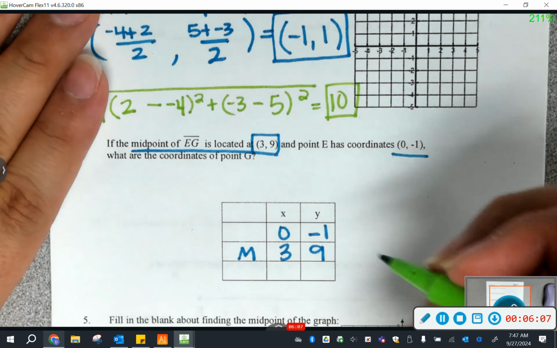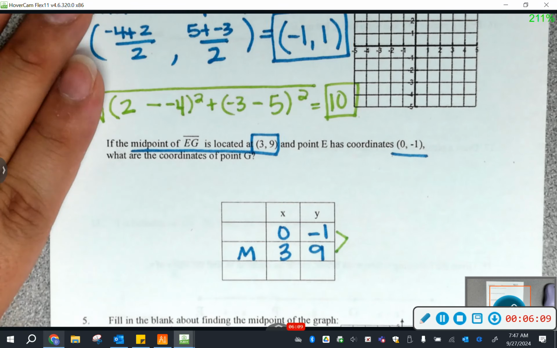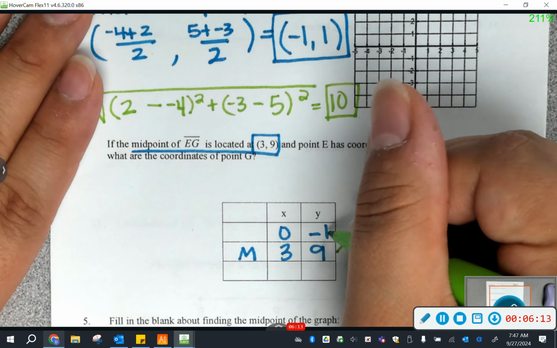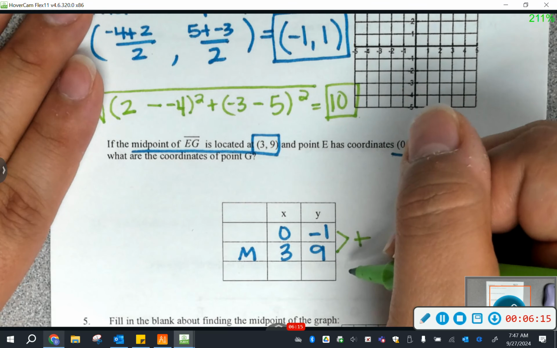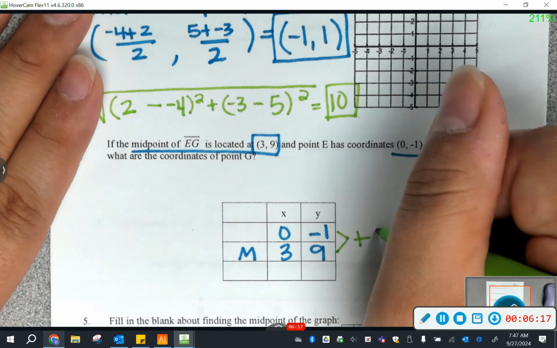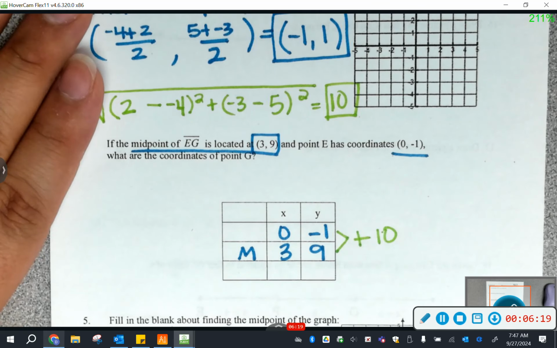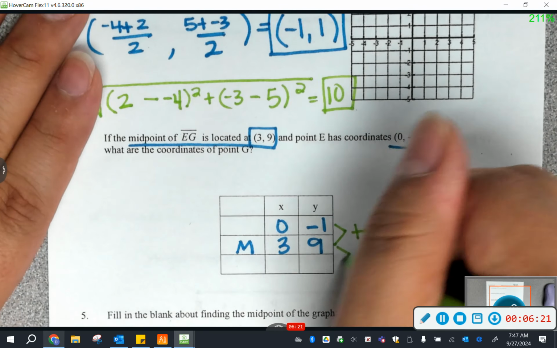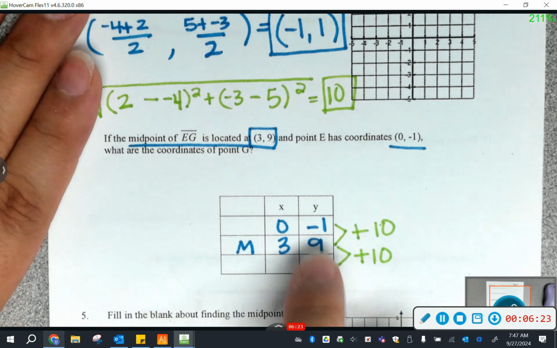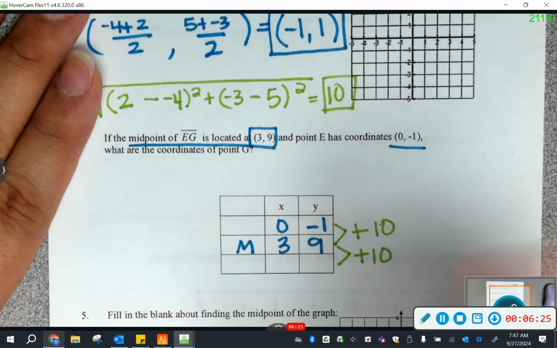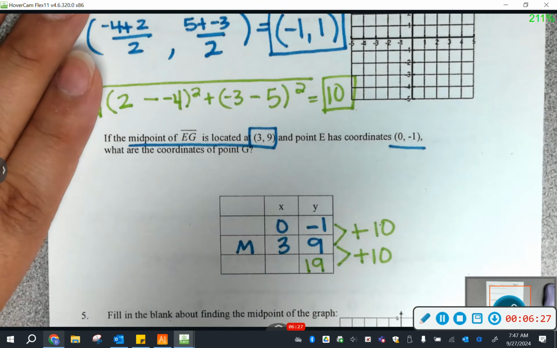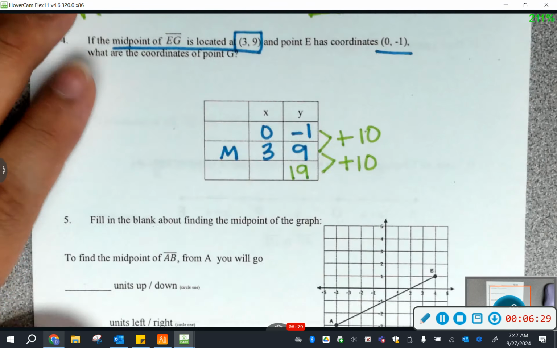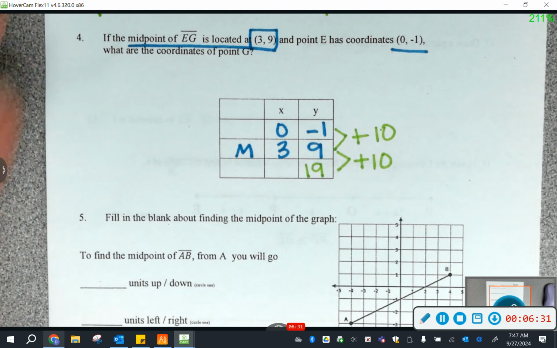How do I get from negative 1 to 9? Well, it's negative 1. If it was positive 1, you'd do plus 8. But it's negative 1. It is plus 10. And so I'm going to do that again. If I add 10 again, what is 9 plus 10? 19. You're making a table and doing your carets.